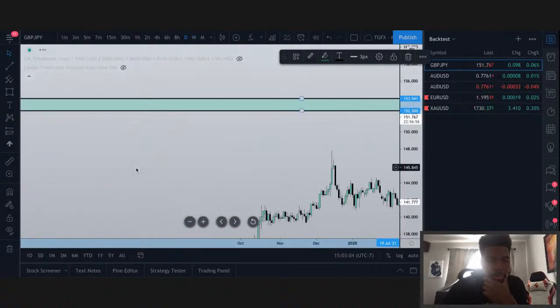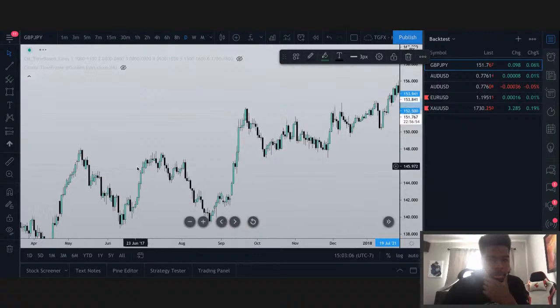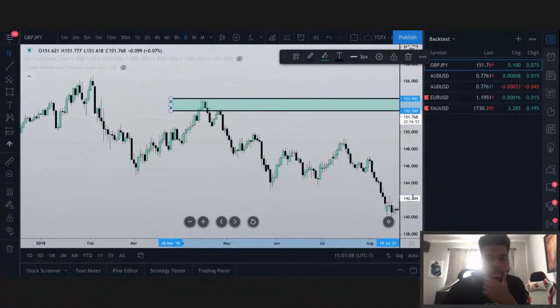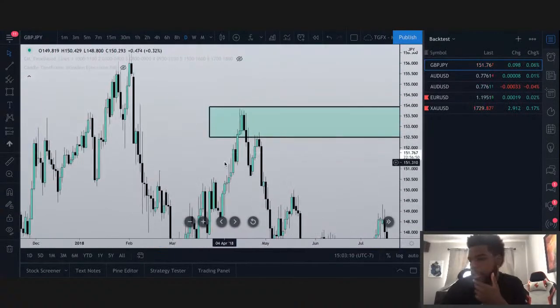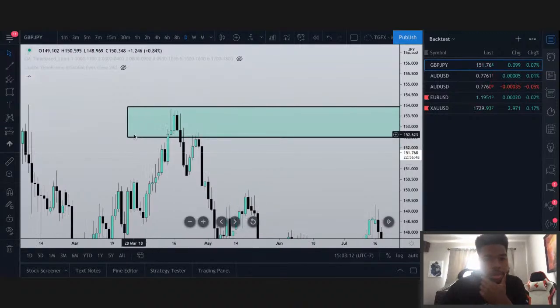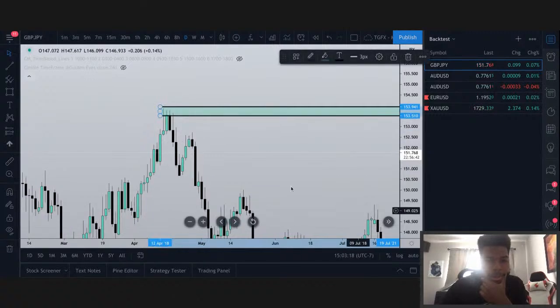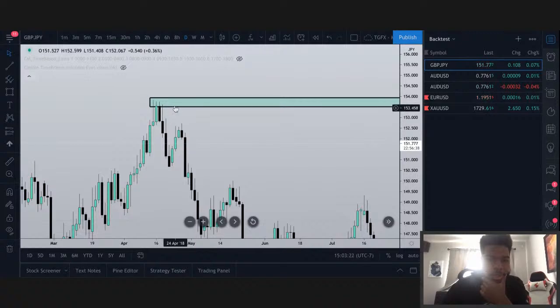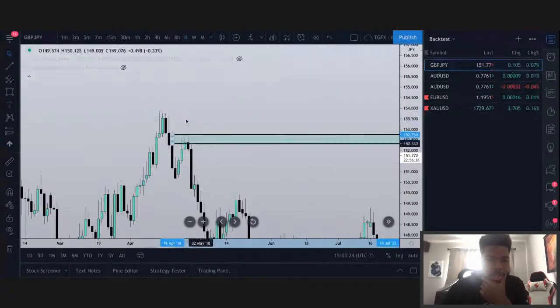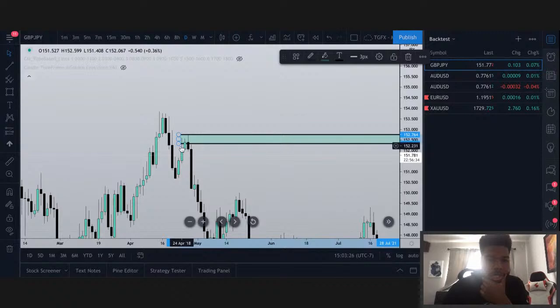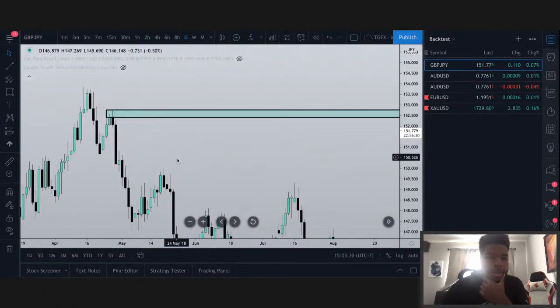So all right, what we can do is highlight this area, but also since price hasn't even reached this one here, we can also mark off this one first. And if price breaks it, cool. If it doesn't, then this will potentially be a reversal spot.